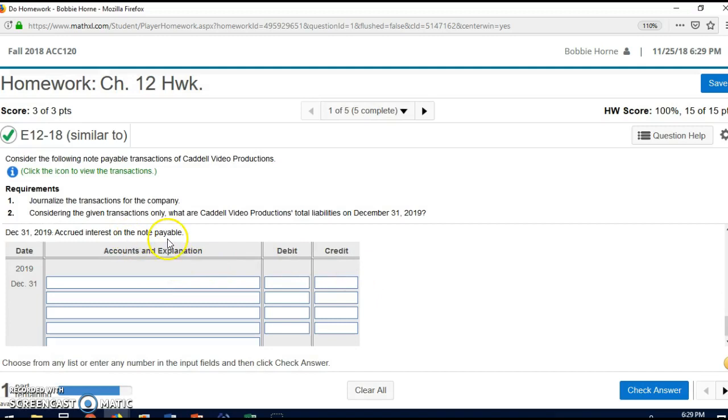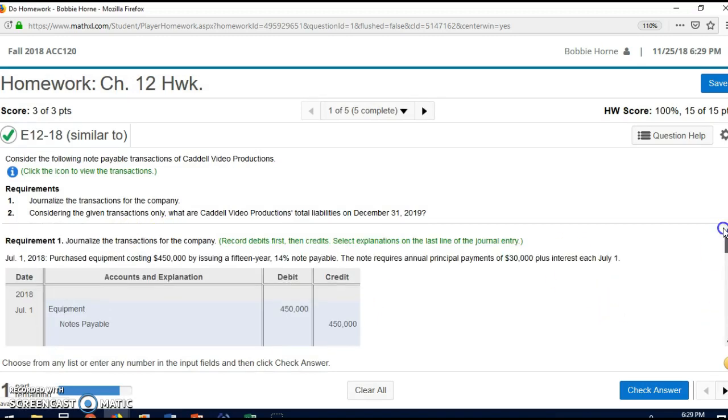Now, to accrue the interest on the note payable for the next year, first of all, our principal is not $450,000 anymore. We just paid $30,000 of that. So we're only going to calculate interest on $450,000 minus 30, which would be $420,000.